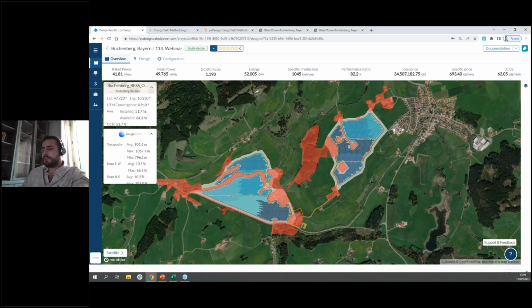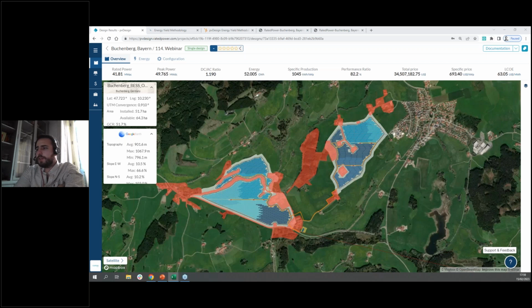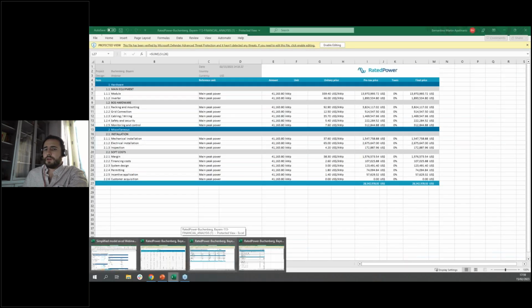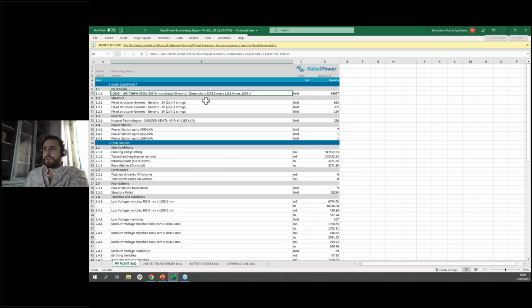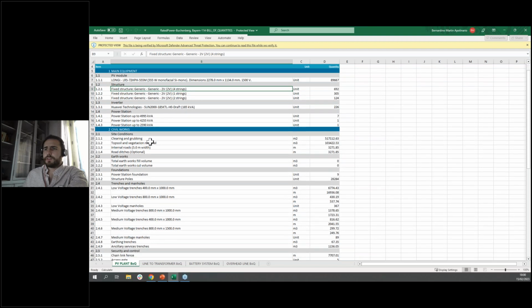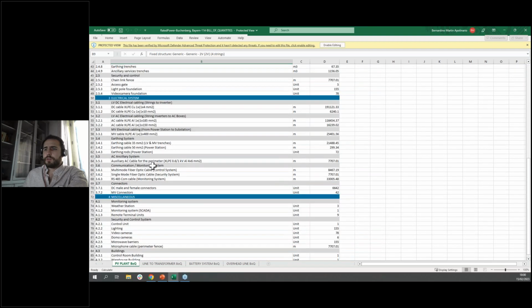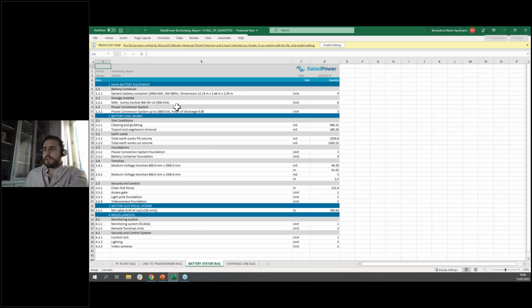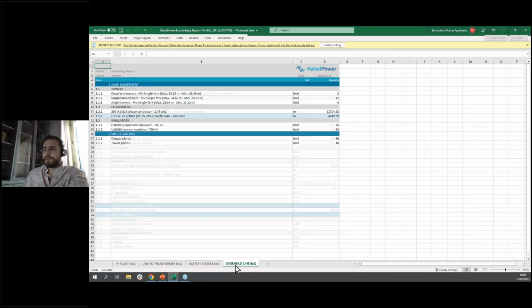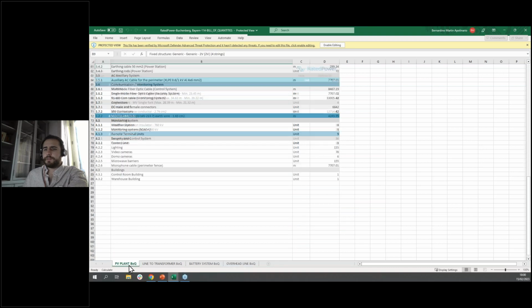Here in the bill of quantities, you can see all the details, like the amount of modules, structures with different lengths, inverters, power stations, and so on. Cables, also the substation bill of quantities, the energy storage bill of quantities also, and the overhead line.